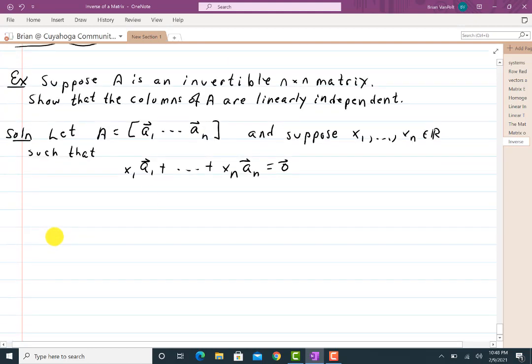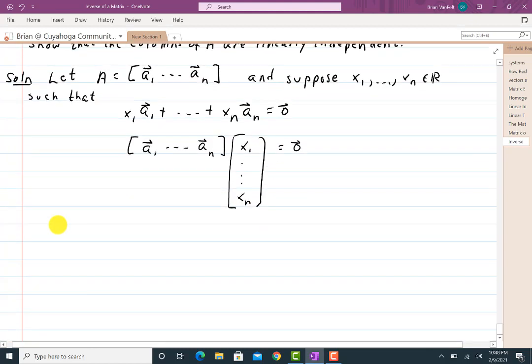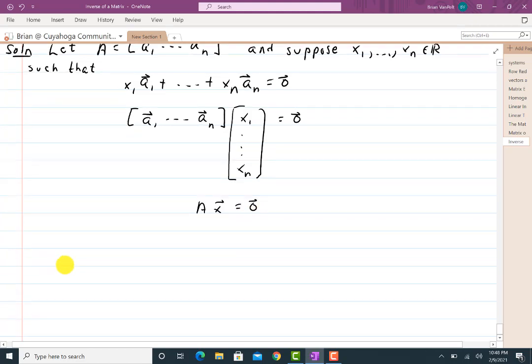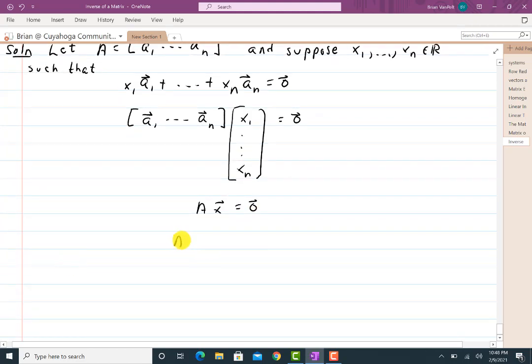So we can redo this in terms of a1 dot dot dot an times x1 dot dot dot xn, and that equals the 0 vector. Let me change to a simpler notation for this. Now I know that A is invertible, so I can multiply both sides by A inverse. Of course, the left side I can regroup.